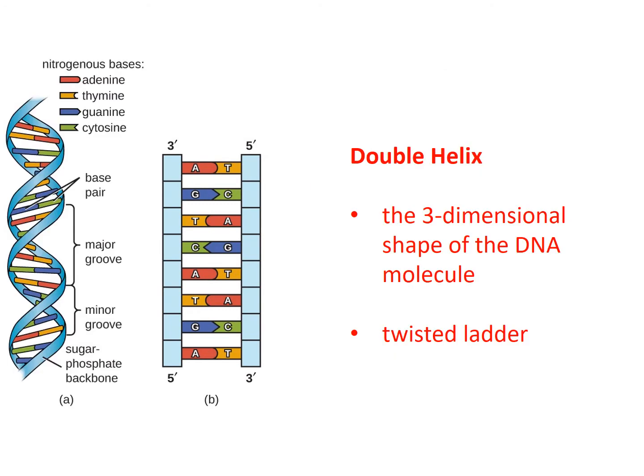But this ladder doesn't occur flat in three-dimensional space. Instead, it is twisted. So the key term to remember about the shape of a DNA molecule is that it's called a double helix. Double referring to the two backbones that are bonded in the middle, and it's twisted into this helical shape.